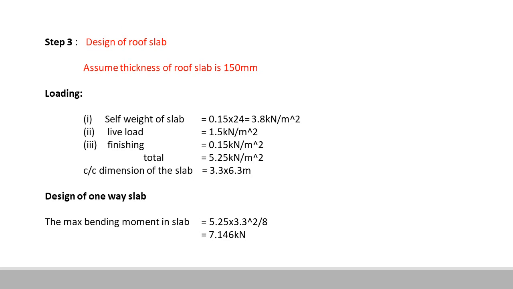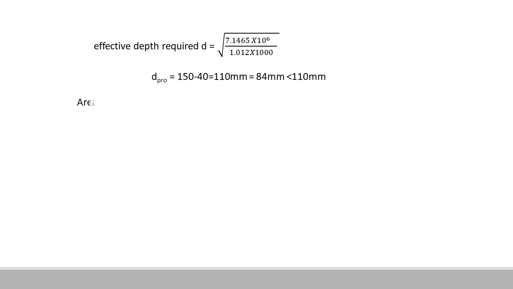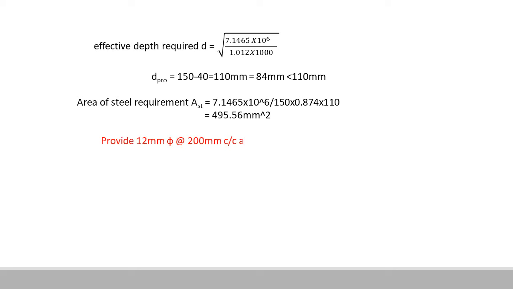So the maximum bending moment in the slab is W L square by 8. We know that W is the total load, so 5.25, and 3.3 is the effective span, so 3.3 square divided by 8. You got the maximum bending moment in slab is 7.146 kilonewton meter. Then effective depth required, D is equal to root of 7.146 into 10 power 6 divided by 1.02 and 1000 mm.